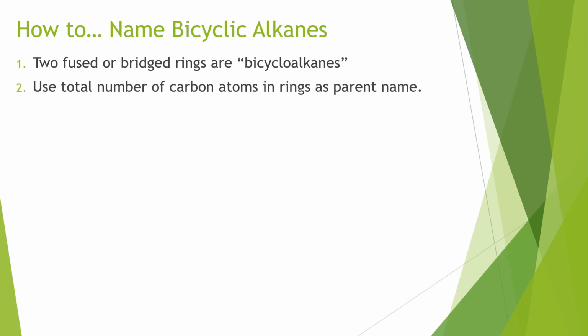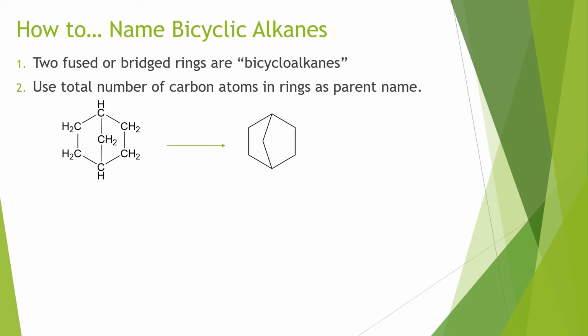Use the total number of carbon atoms in the rings as the parent name. So for example, in this structure, we have 6 carbon atoms in one ring. And we also kind of have, you could look at this as 2 5-membered rings fused together, or bridged together, really.